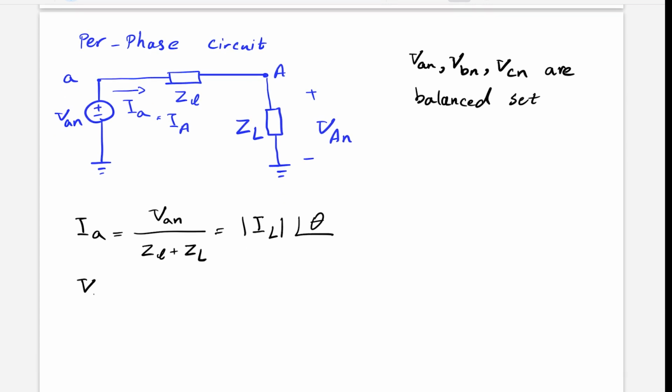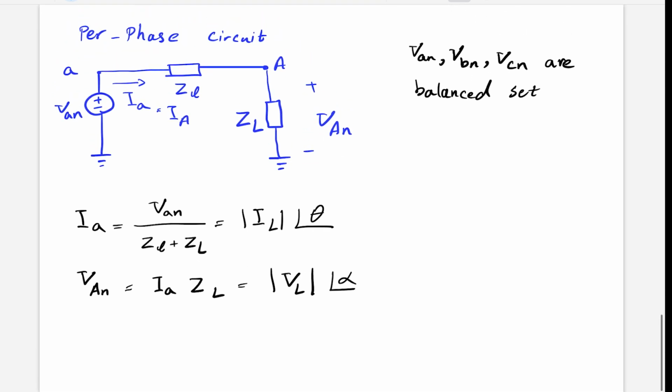And VAN, what is this? With Ohm's law, we can find IA times ZL, which will again have a VL magnitude with some phase, like alpha.